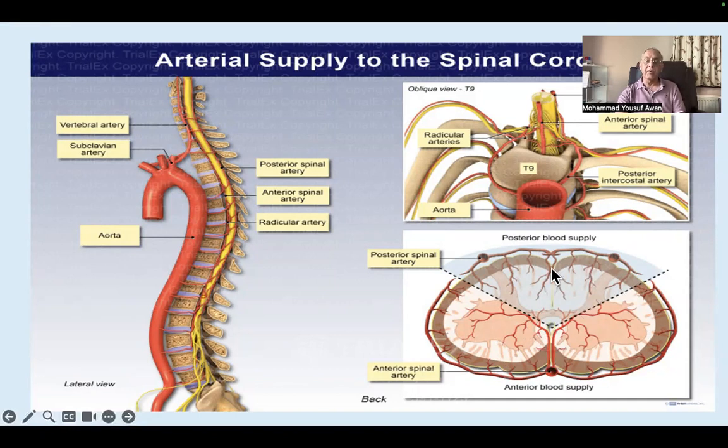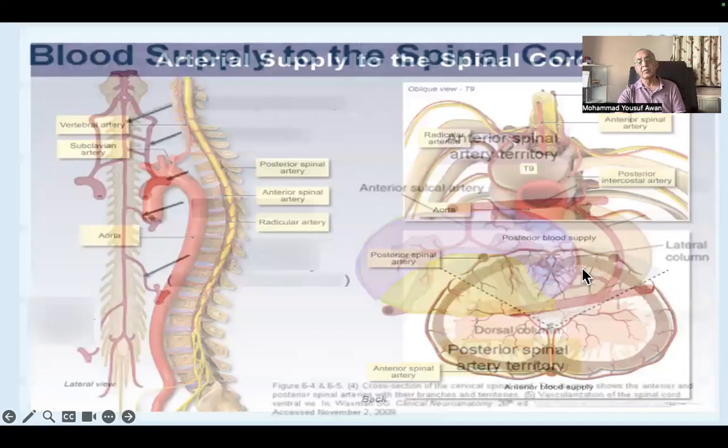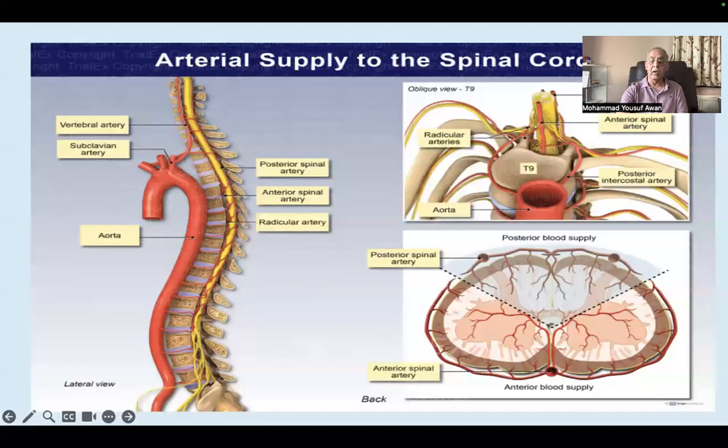The posterior spinal artery, because it supplies just 1/3 and only one side, is not that affected, because in this part of the spinal cord you have the fasciculus cuneatus and fasciculus gracilis, the posterior columns, carrying vibration sense, joint proprioception, two-point discrimination, or light touch on the same side.